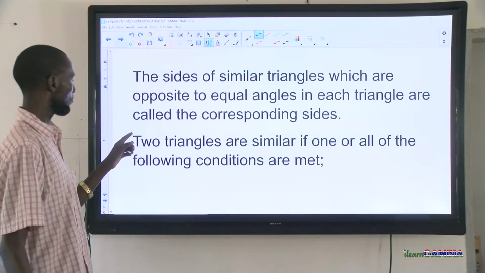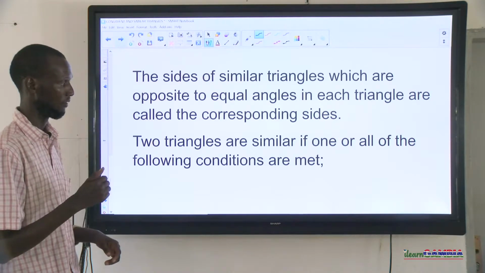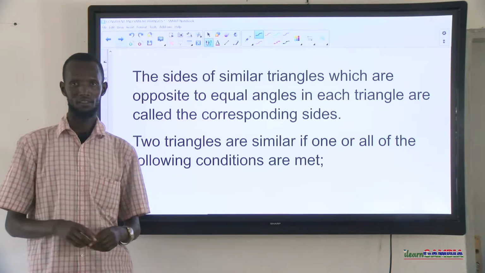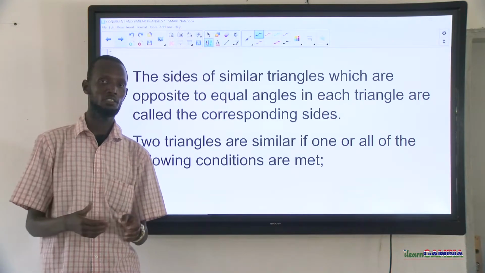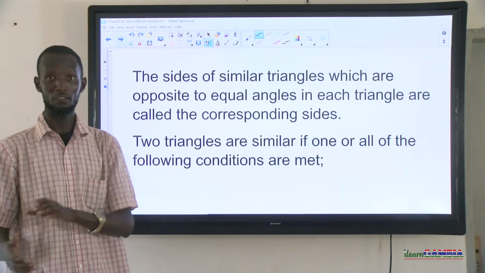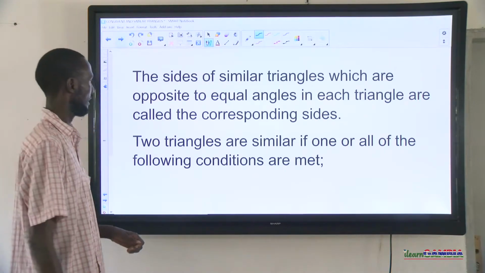Now, two triangles are similar if one or all of the following conditions are met. We are going to look at the conditions for similarity. Any one of them or all of them can prove similarity.